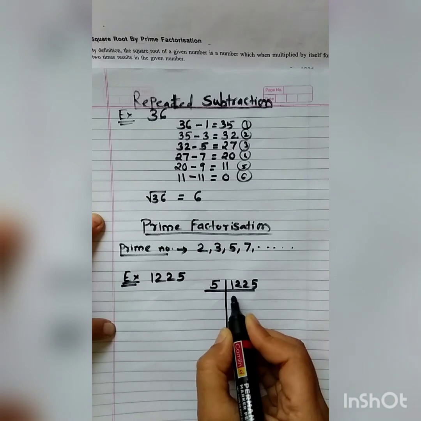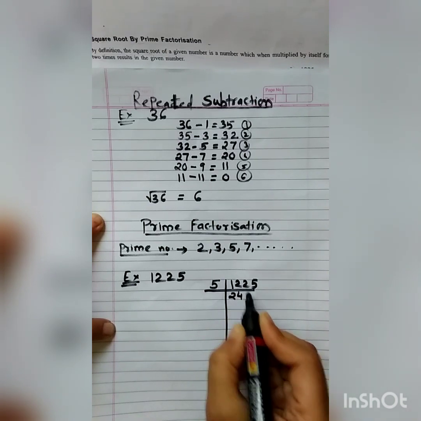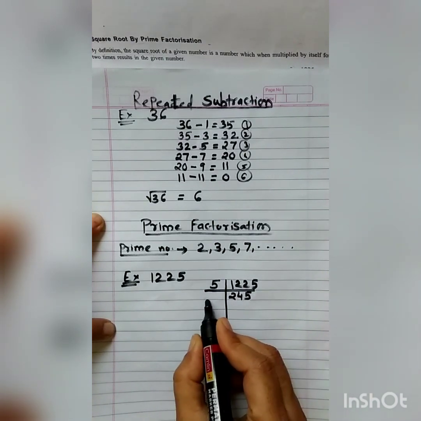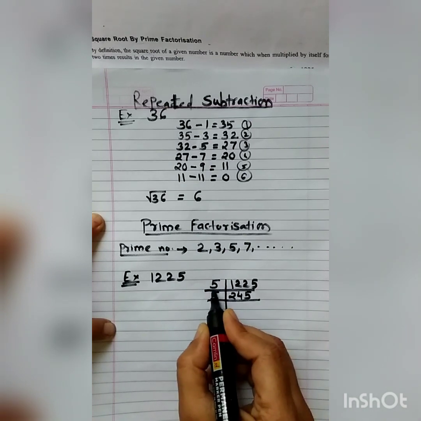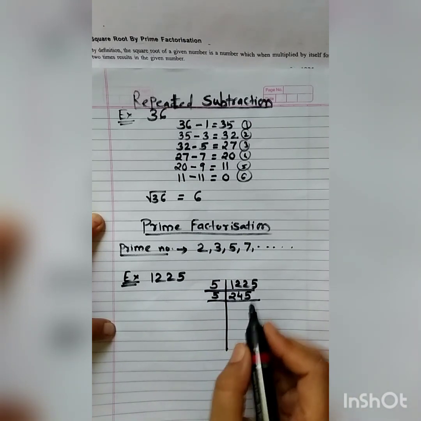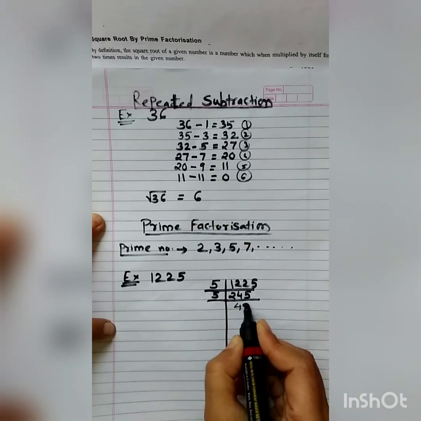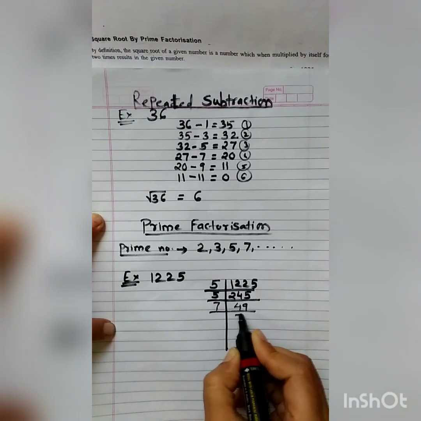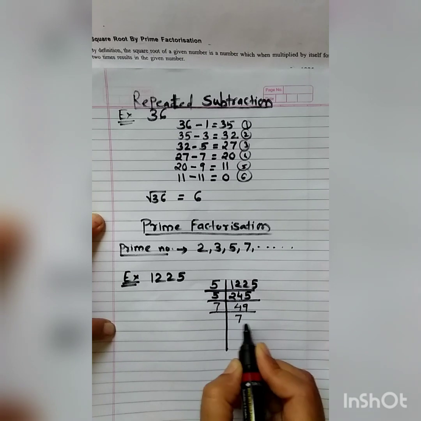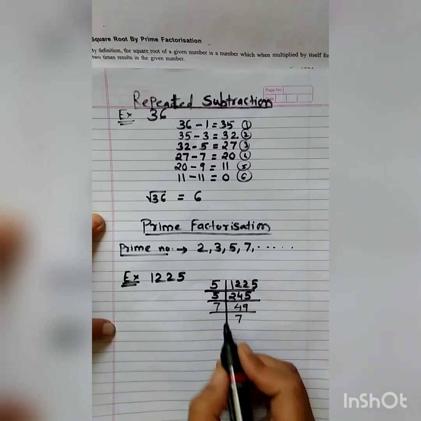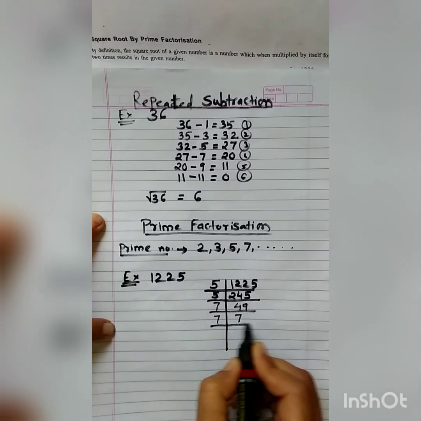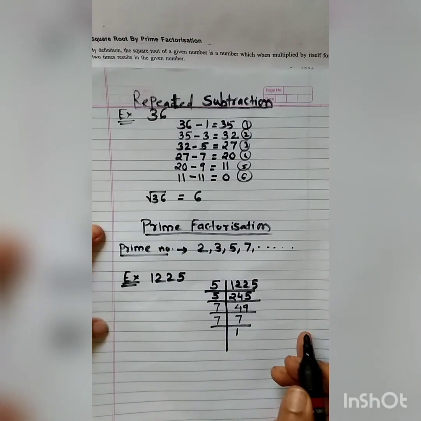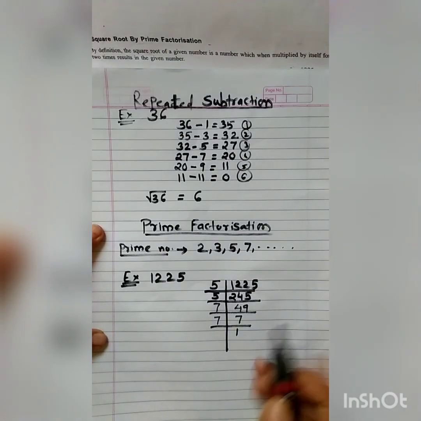By 5 we get 245. Again it ends with 5, so it is divisible by 5. By 5 we get 49. And 49 comes in the table of 7. 7 times 7 is 49. Now 7 is a prime number, so it comes only in the table of 7 and 1 itself. So 7 divided by 7 is 1.